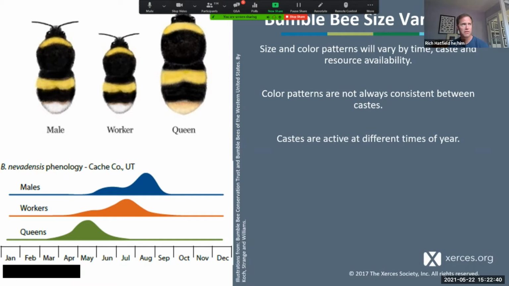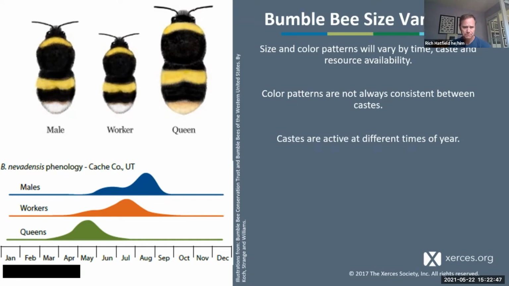There are males, there are workers, and there are queens. All of these are out on the landscape at different times of year. And more importantly, for our purposes, these castes often look different from each other as well.